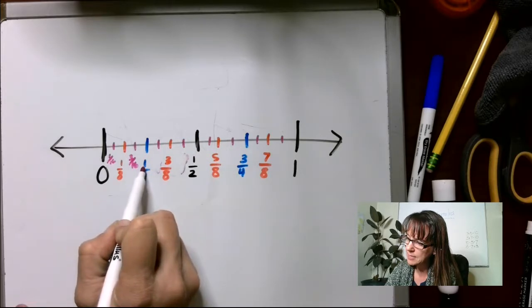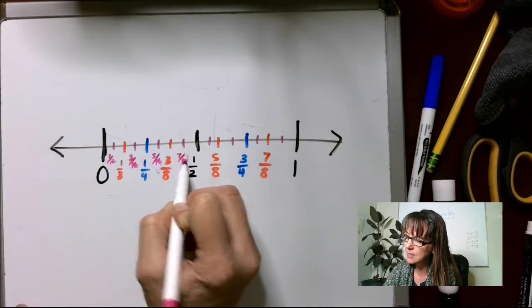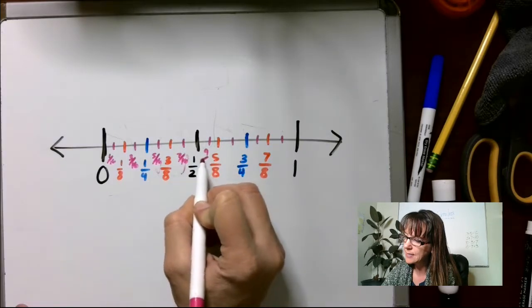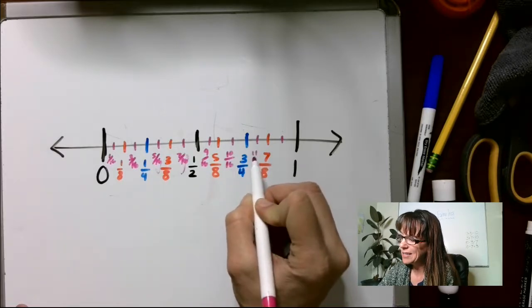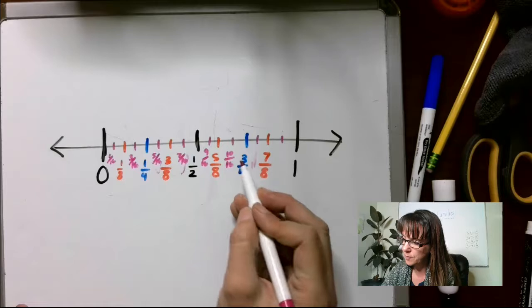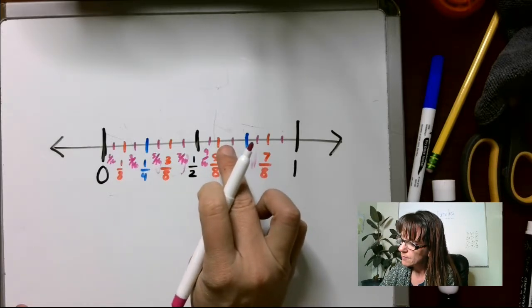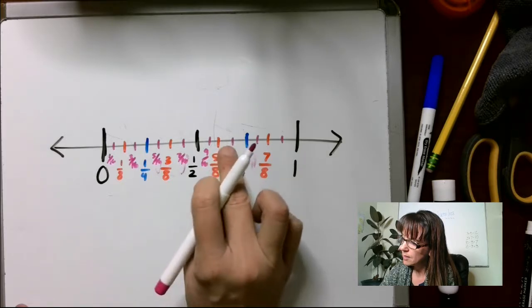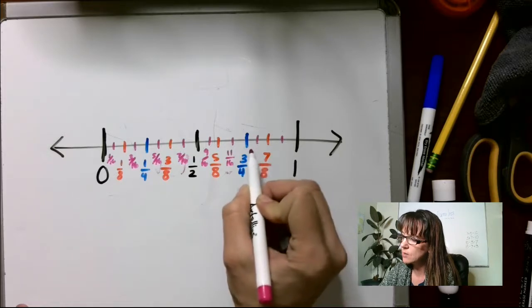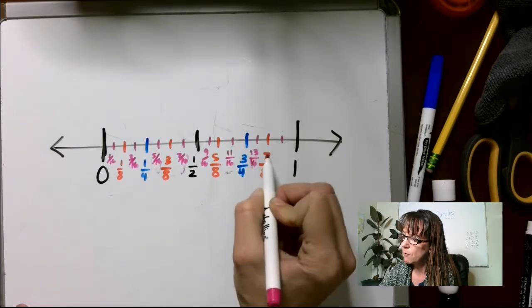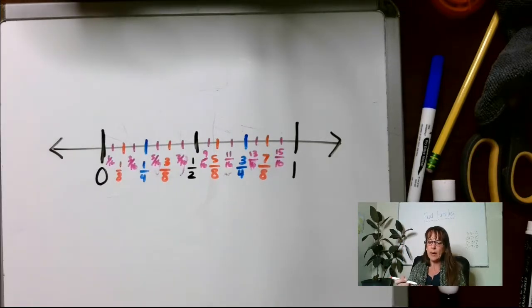That was 4/16, 5/16, 6/16, 7/16, 8/16, 9/16, 10/16, 11/16. Nope, I messed up somewhere. Oh yeah, see, 10/16, 11/16, 12/16, 13/16, 14/16, 15/16.